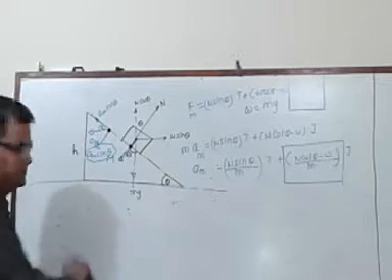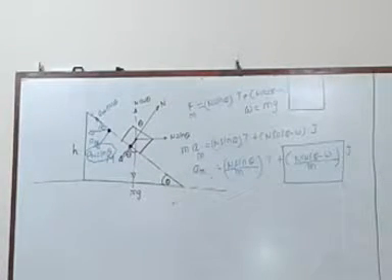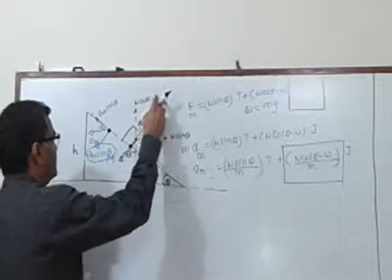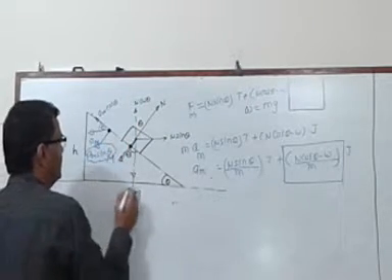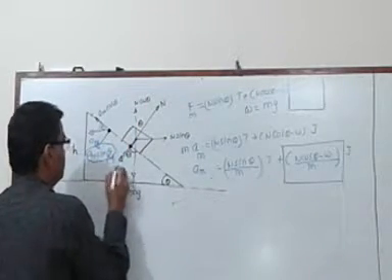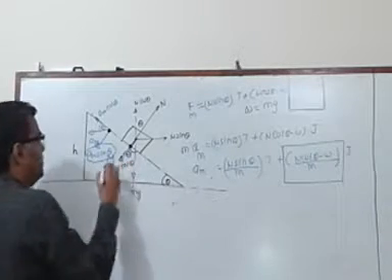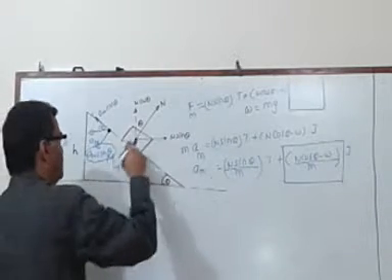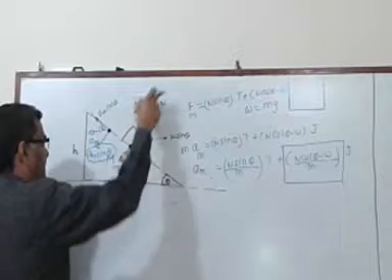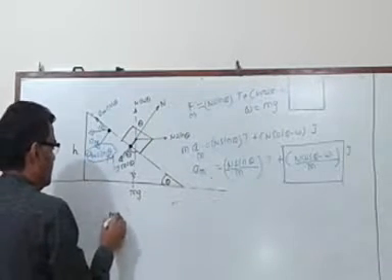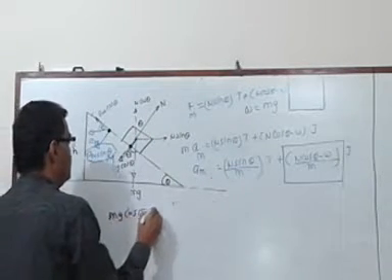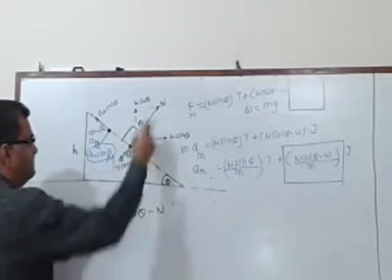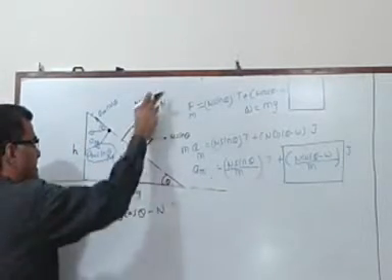The component of acceleration, let me resolve this separately. If this is mg, this will be mg cos theta, and this is n. So the total downward force acting on this will be mg cos theta minus n, because mg cos theta is downward and n is upward.